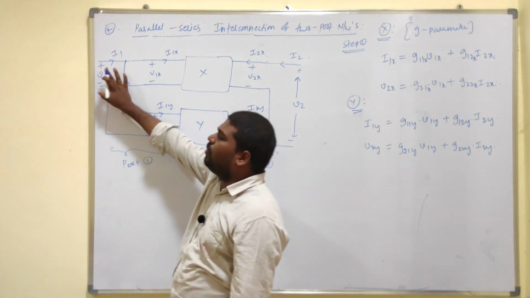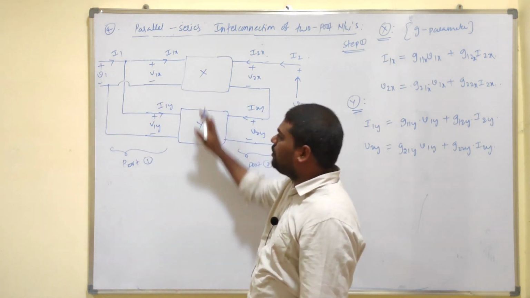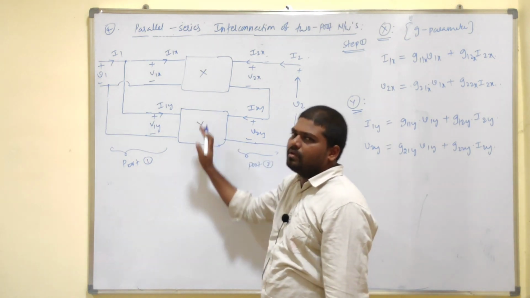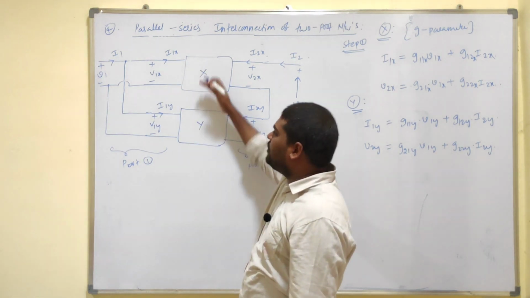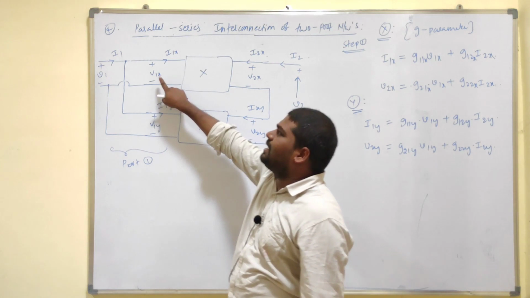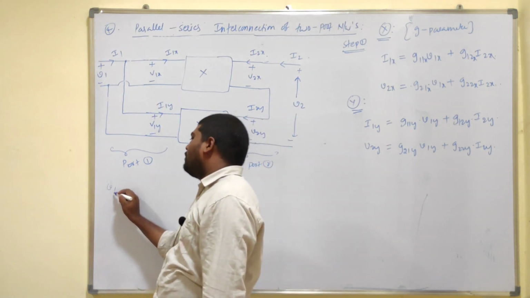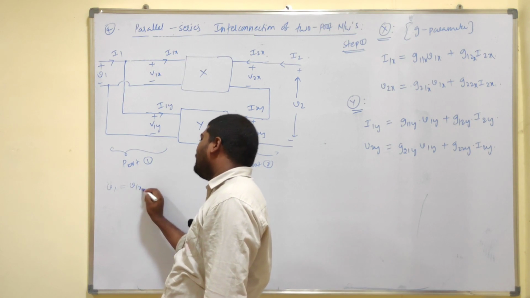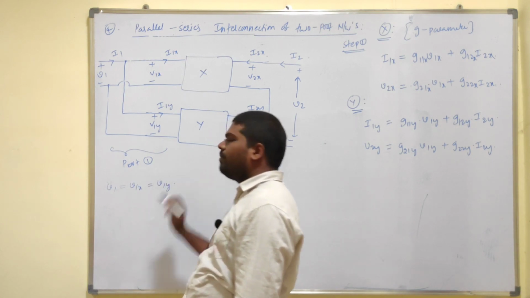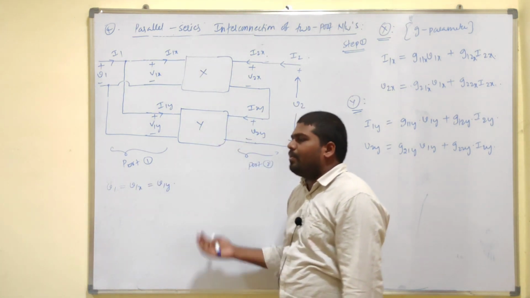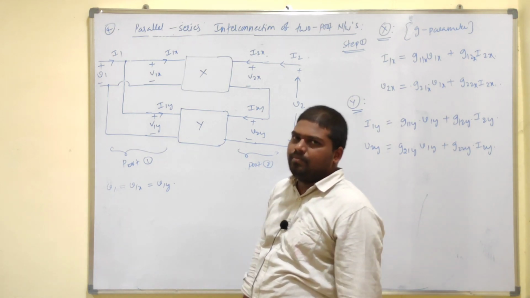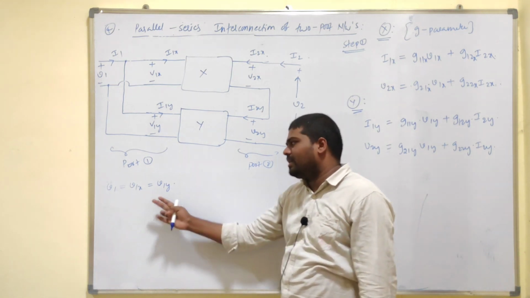That means this v1 voltage is applicable to both the two port networks, x network and y network. But individually these networks are represented with v1x and v1y. So from port 1 we can write v1 equals v1x equals v1y. That means for parallel case, voltages are same.